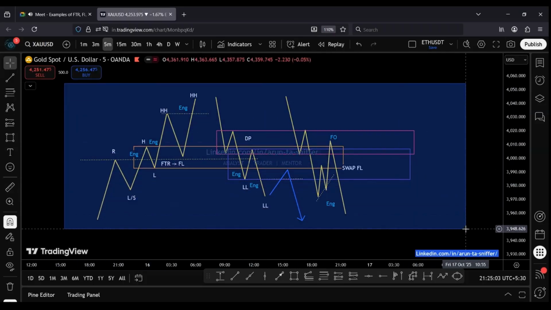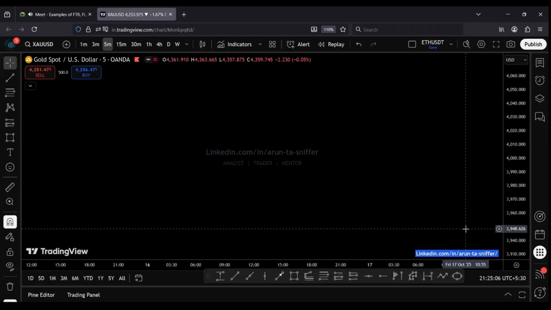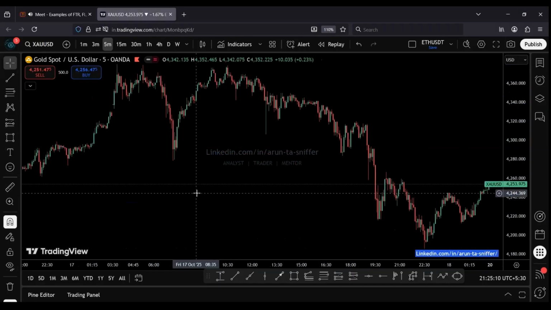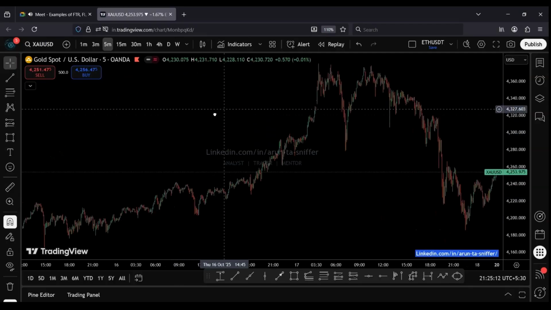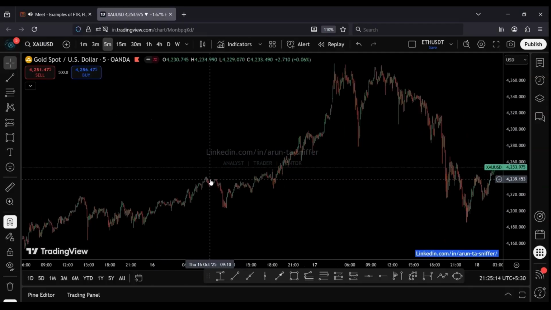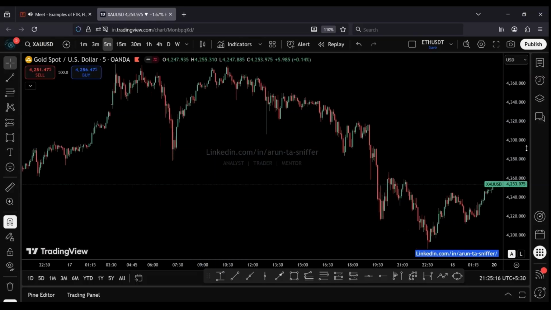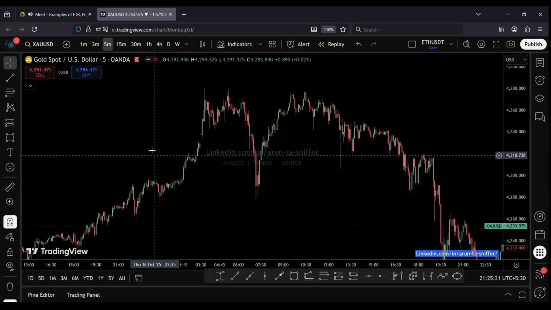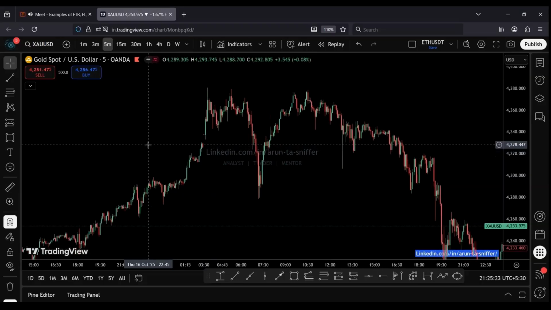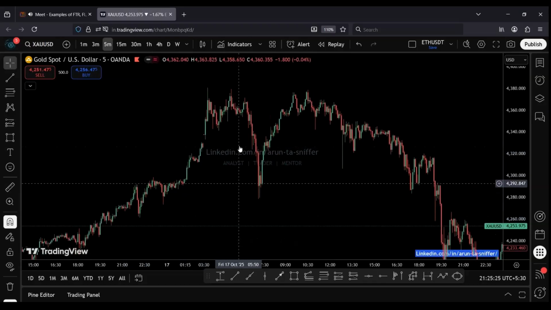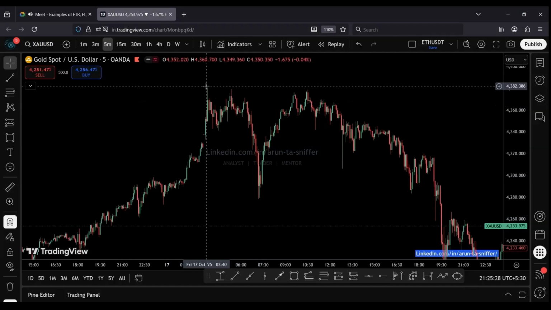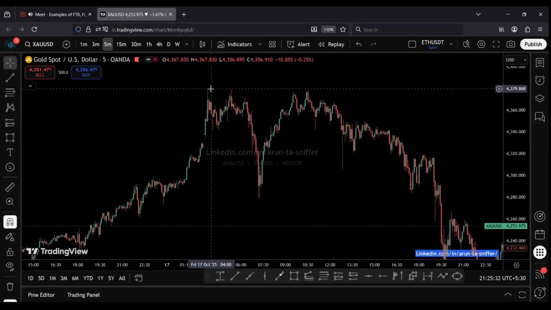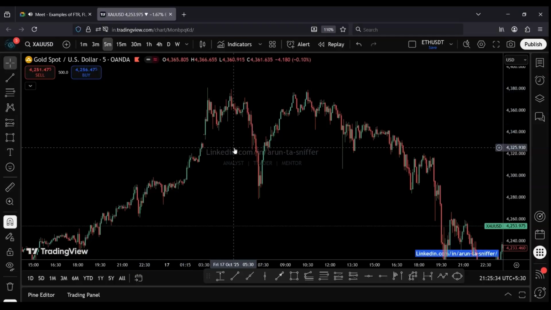I'm going to delete this. Let's look at the chart. So here, quickly we can find price come back here, not to here, not go up.